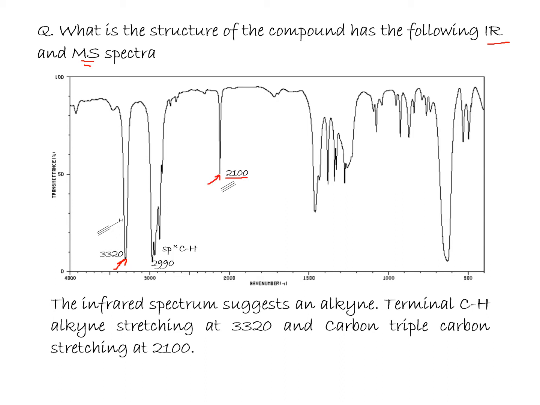So it looks like we have this part of the molecule, CH, and here is C, and here is R. The IR again shows terminal CH alkyne stretching at 3320 and a carbon triple bond carbon stretching at 2100.